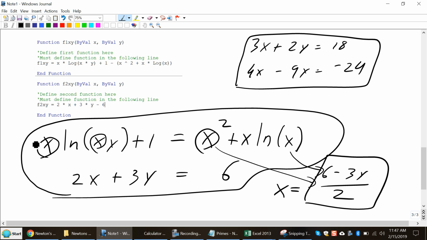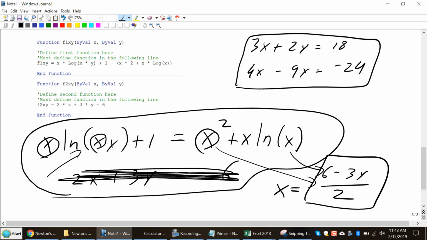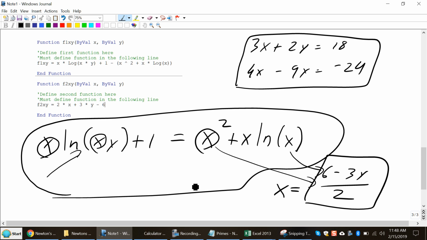Does that make sense? And then you just solve for y, plug that in, and then go in and solve for x, right?